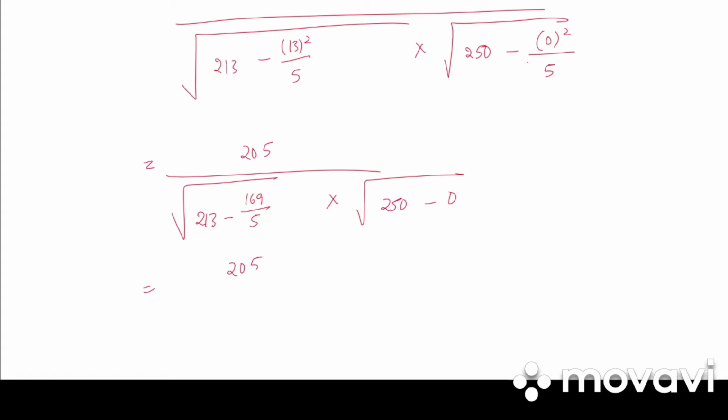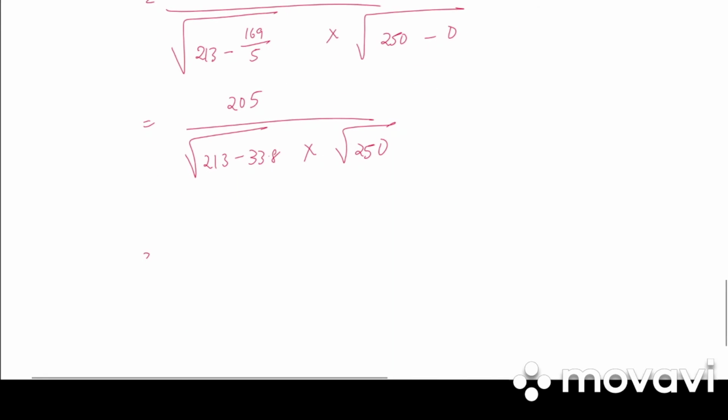So it is 205 divided by square root of 213 minus 33.8 into square root of 250. So it is 205 divided by square root of 179.2 into square root of 250.